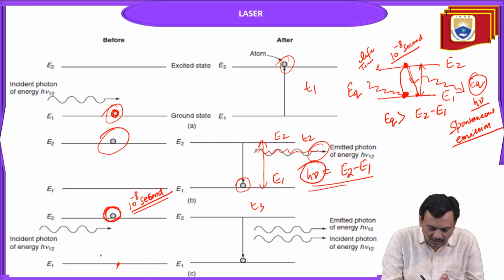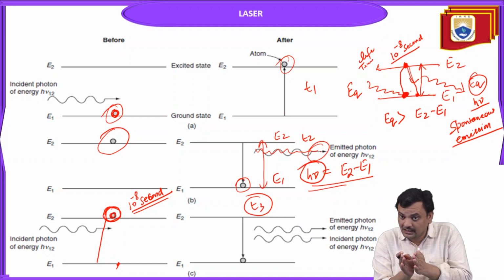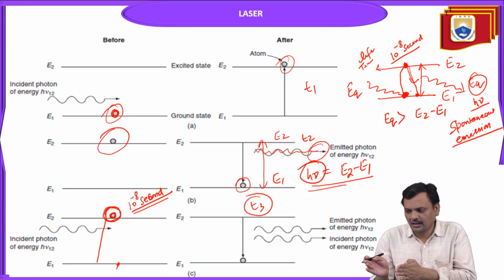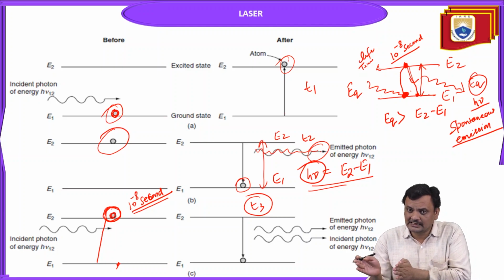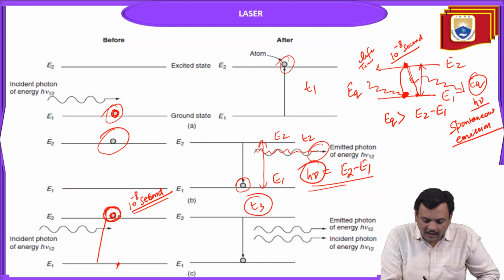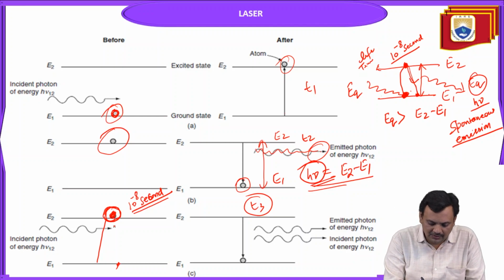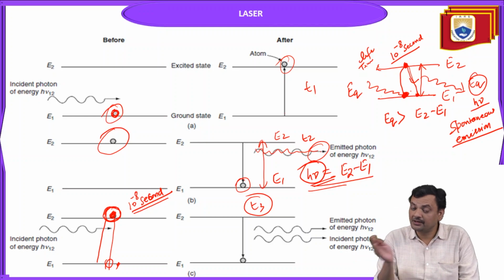And here you have to remember this phenomenon will happen before the 10 to the power minus 8 second. Let's suppose at this T3 time the electron reaches its excited state, and within the 10 to the power minus 8 second interval after T3, if any such photon is incident on this excited electron, this electron will decay to its ground state before 10 to the power minus 8 second.